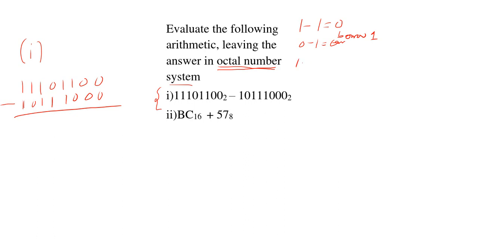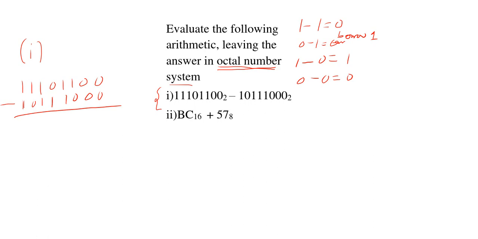Then 1 minus 0, we normally get 1. And 0 minus 0, we get 0. So you have to know the rules. So here we are going to use the rules of binary subtraction. But what we get, we change to octal to get the final answer.